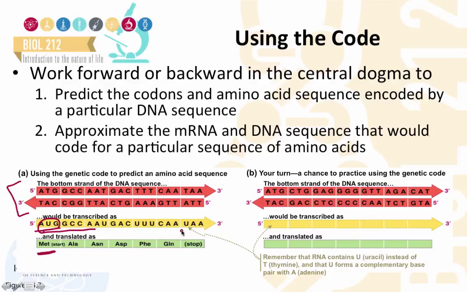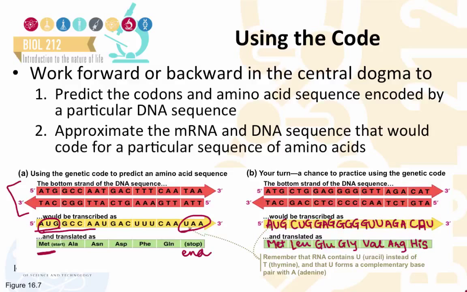Another thing to note is that a stop codon, in this case UAA, always signals the end of protein translation. So take a minute and transcribe and translate the DNA sequence that is shown in panel B of this image. When you're done, you should have the sequence indicated on the image.